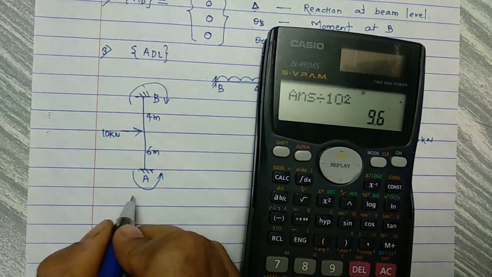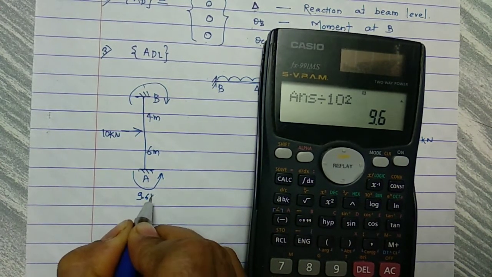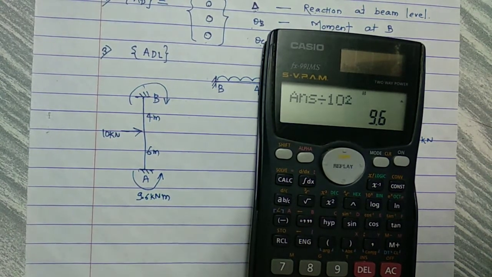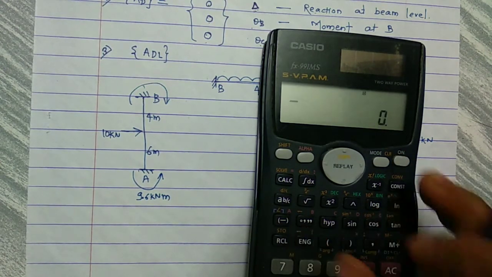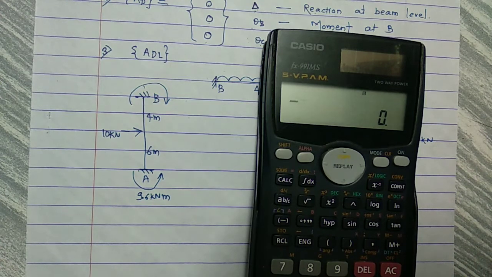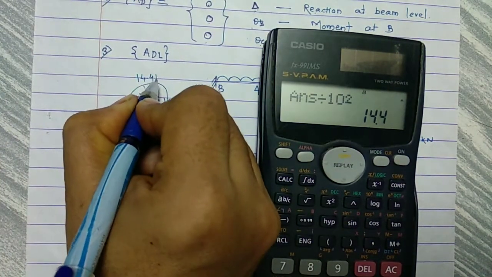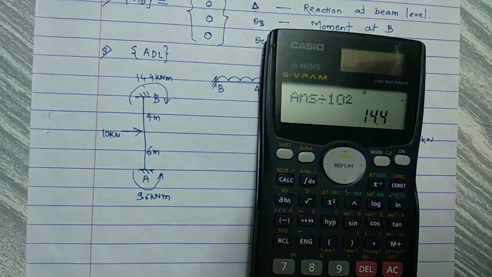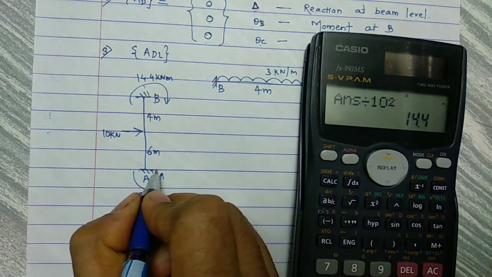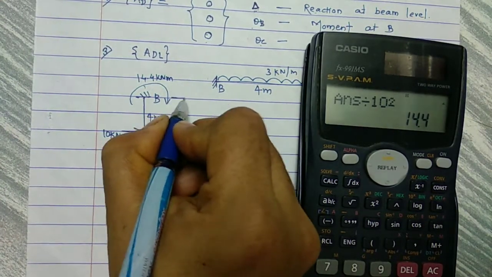That moment is 9.6 kilonewton meter. The BA moment, restraint moment at B support, is 10 into 4 into 6 square divided by 10 square, 14.4 kilonewton meter.